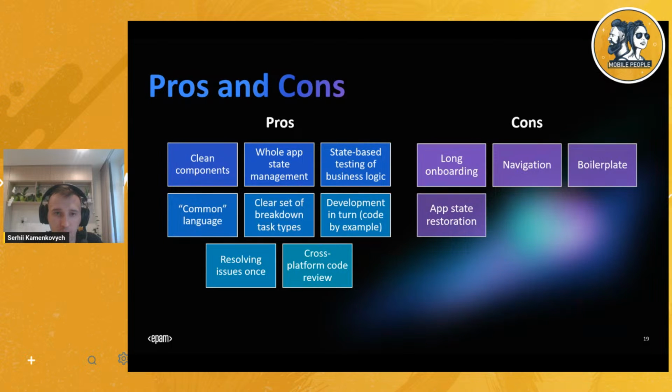And app state restoration is an interesting point here. Since all app state is in memory, we rarely need to use saved state, but if the process was killed by the system, we almost have no option to restore it because we had everything in memory. We cannot restore it.